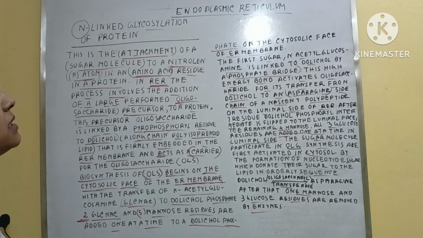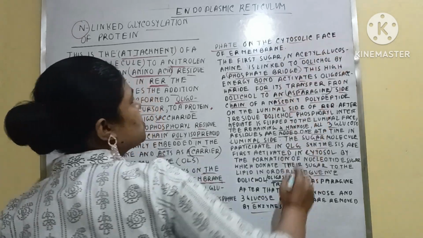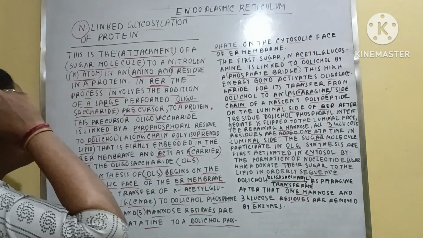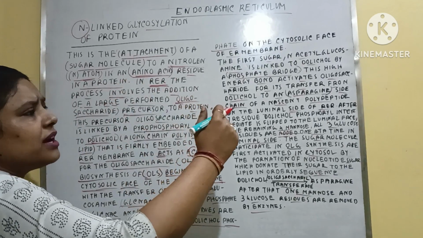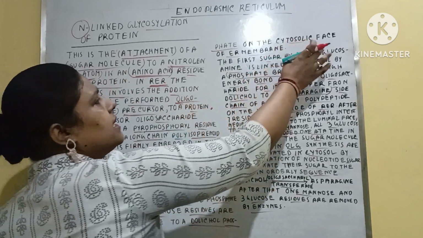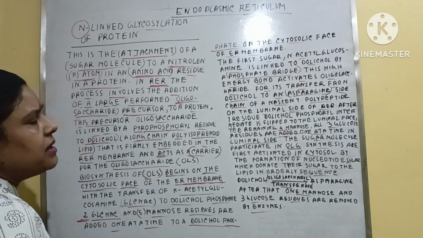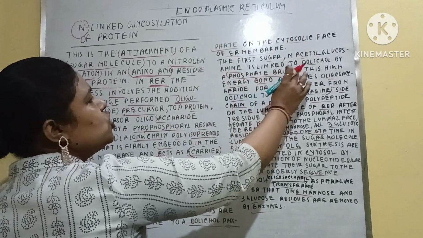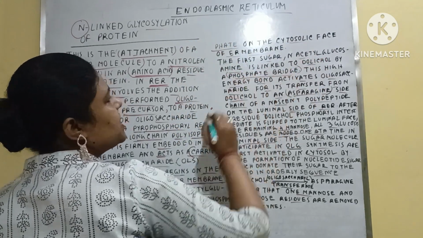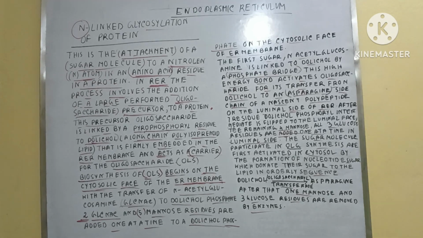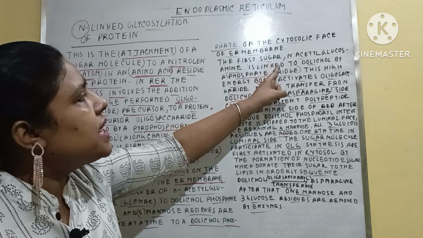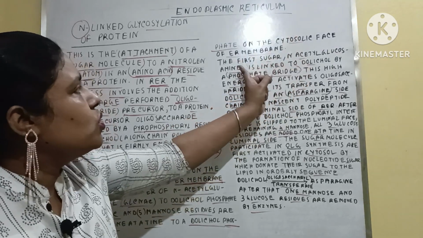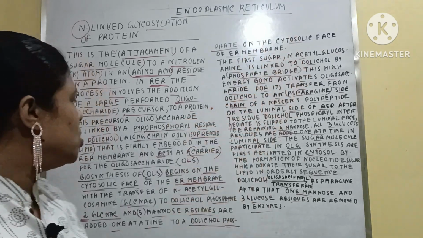Obviously these occur in the cytosolic phase. The first sugar and the N-acetyl glucosamine link to the dolichol by the phosphate bridge. That means with the help of the phosphate bond, both are attached to the dolichol.